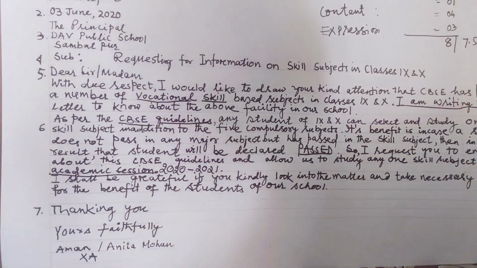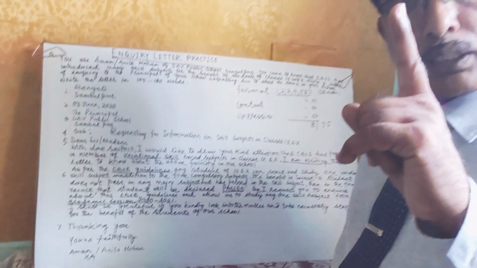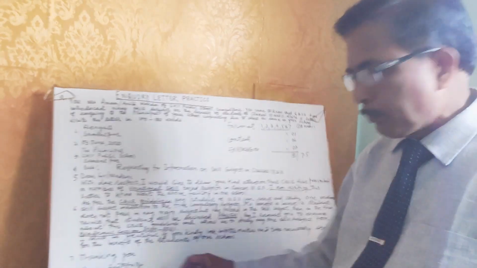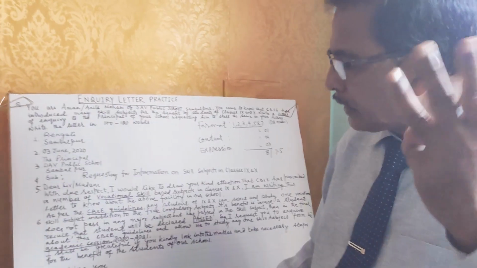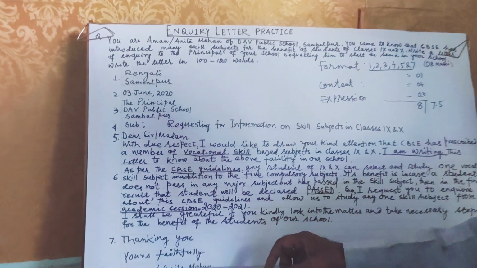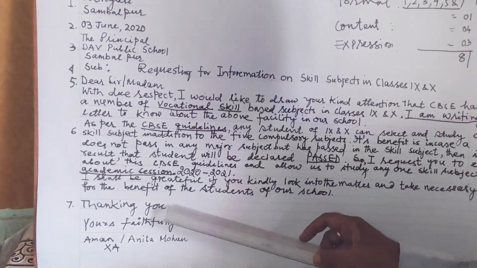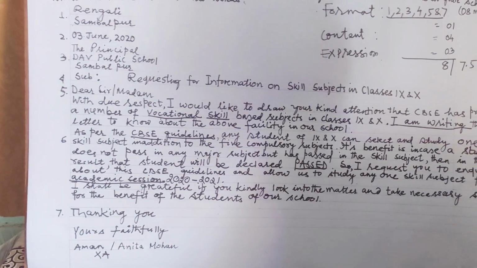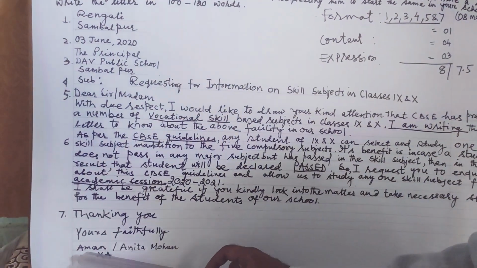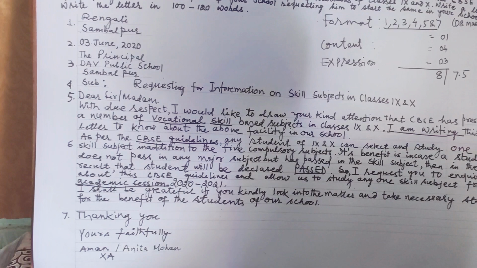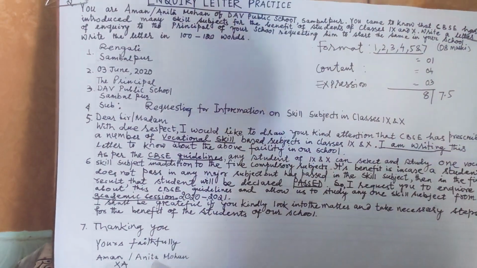Now, point 7. In point 7, earlier I had mentioned the complimentary close. There we find 3 lines. You also see 3 lines here. First line we write: Thanking you. Second: Yours faithfully. Last, the name of the person who writes the letter.